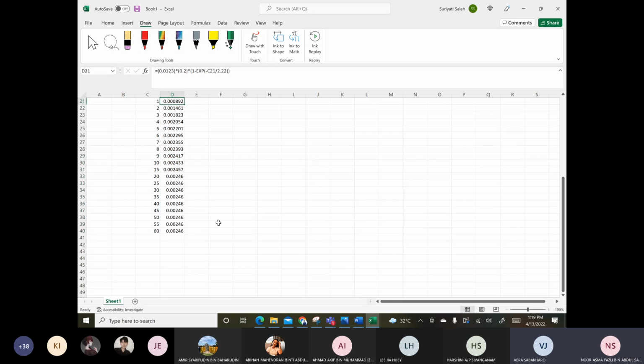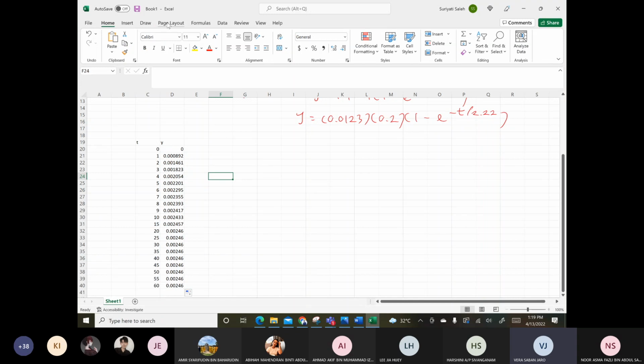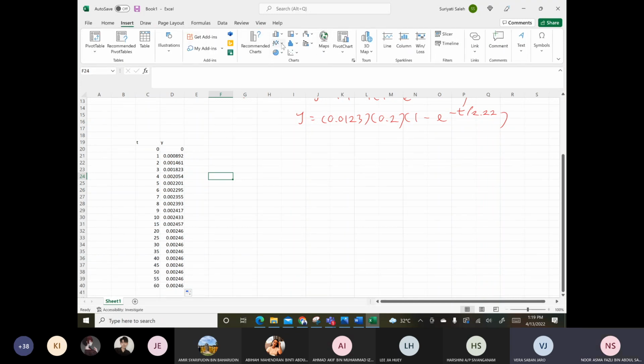Alright. So this is the y value based on the calculation. So let me plot the graph.